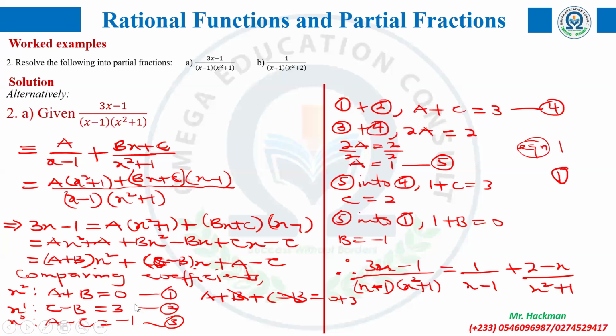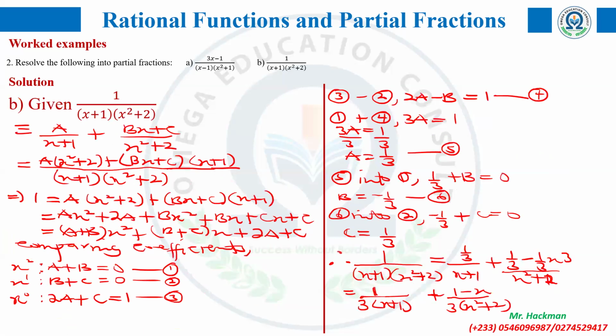That's my point. However, if this one sits well with you, please adapt. Otherwise, I will advise going forward that I'll always use the cover up method. Always.